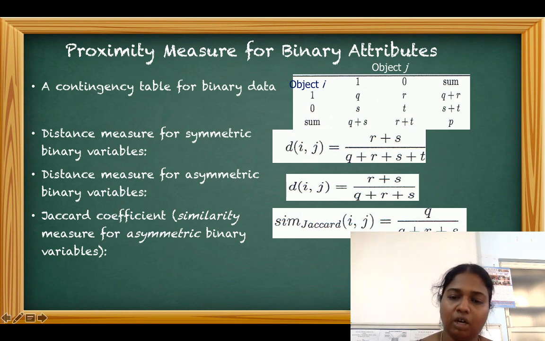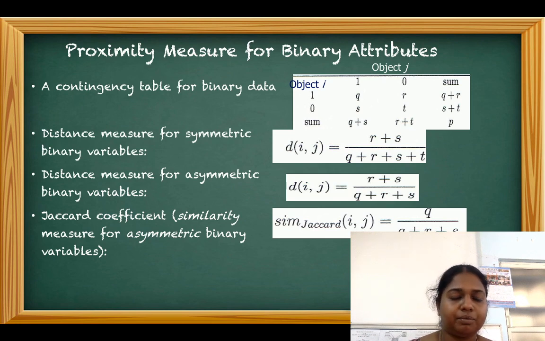The similarity value according to Jaccard between two different objects i and j is q by q plus r plus s. Clear? You will be asked to explain what is a similarity matrix and what is a dissimilarity matrix. You will not be given problems to solve on these.